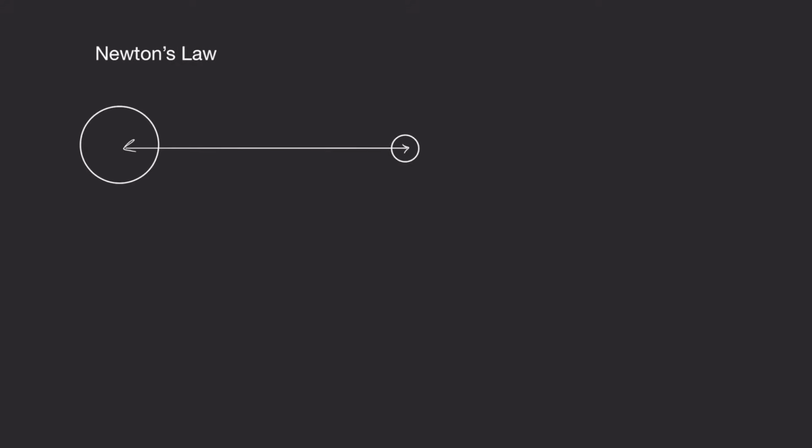And now let's have a look at Newton's law of universal gravitation. Imagine that we have two objects. These could be any two objects made out of matter. Let's say that this one here has a mass m1 and this one here has a mass m2. Well, they're going to attract one another.